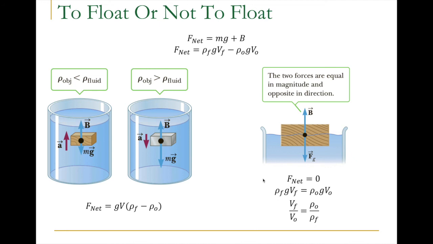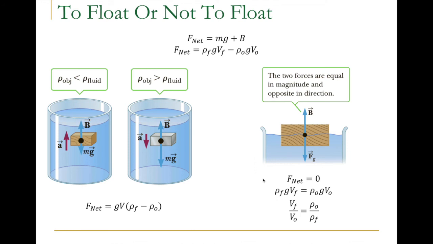Now this is where it gets a little tricky, because when we're talking about the volume of the fluid, it's not going to be the full volume of the object. It's actually going to be whatever amount of the object is actually below the surface. If half of the object is below the surface, that means that half of the object's volume is the volume of fluid that was displaced.